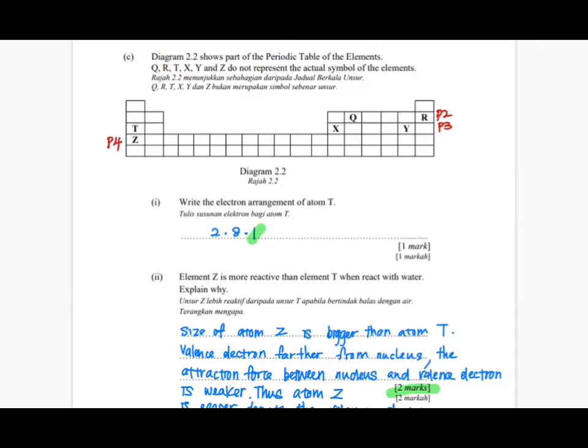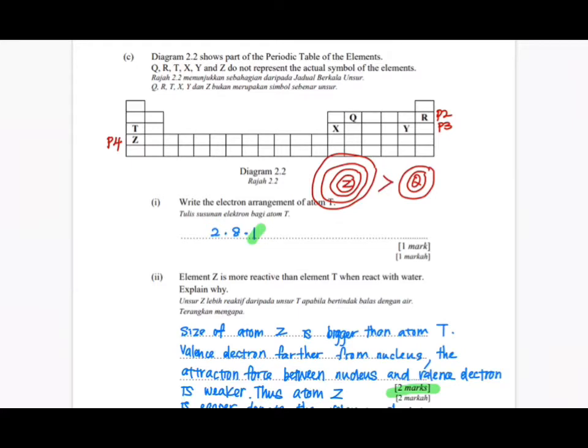The element in period 4 will definitely be bigger because period 4 means it has 4 electron shells. So let's say Z. Element Z has 4 electron shells, meanwhile element Q only has 2 electron shells. So definitely Z will be bigger than Q.